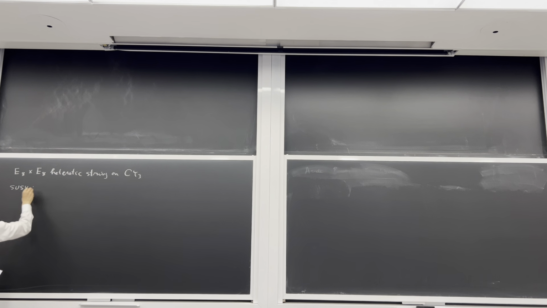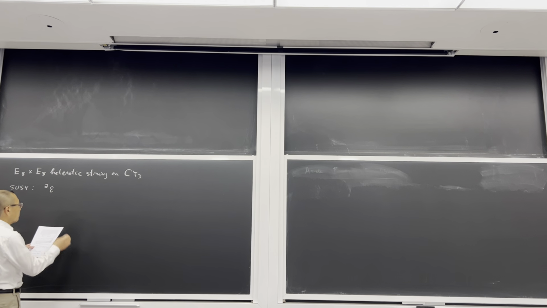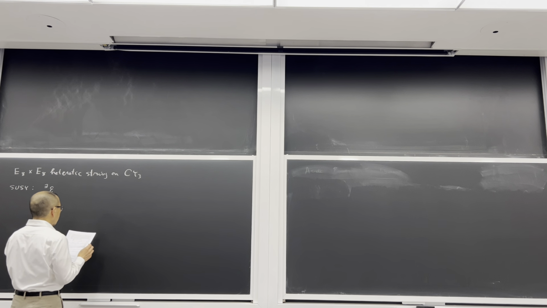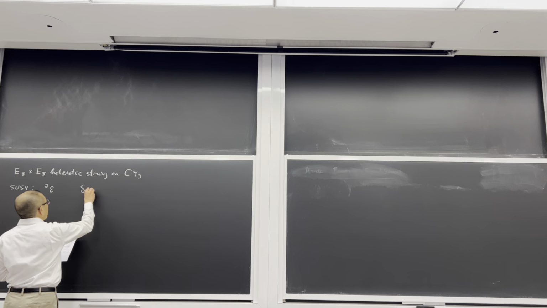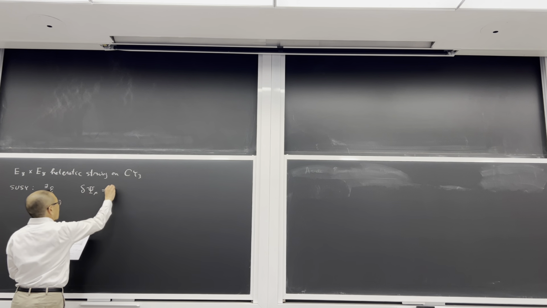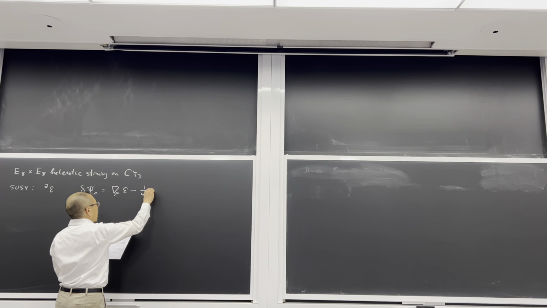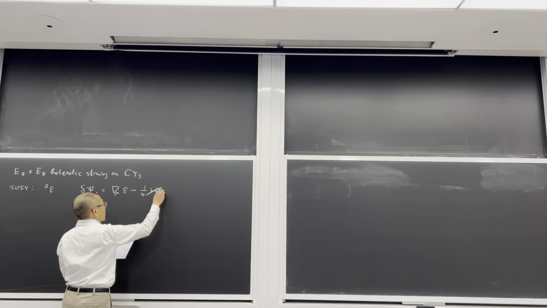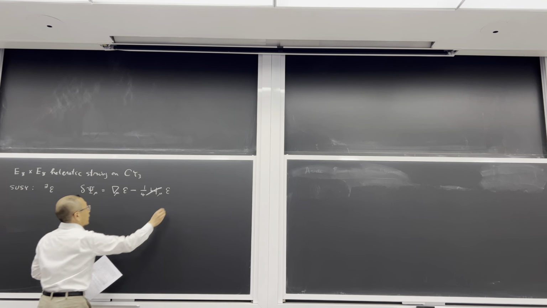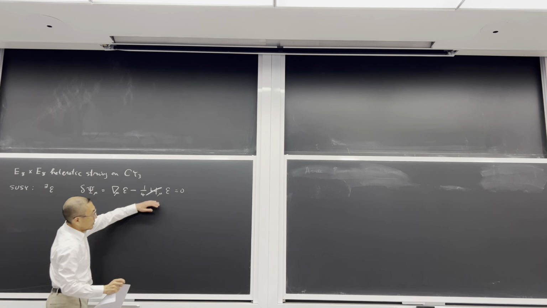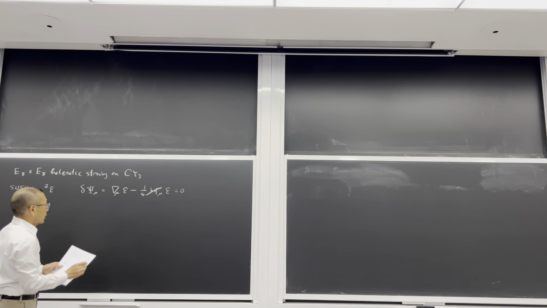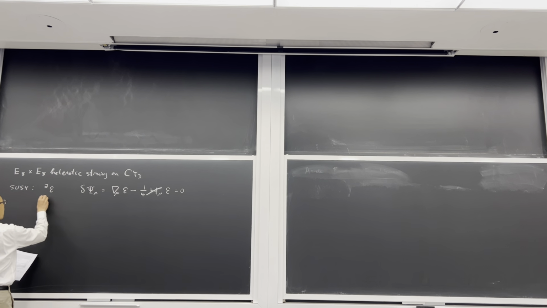So if we require at least the minimum amount of supersymmetry for this compactification, then it requires that there is some covariantly constant spinor. Well, for H non-zero, not exactly covariantly constant, but the condition is that the derivative of epsilon and H contracted with gamma matrices vanishes. So in particular, if H is equal to 0, then epsilon is covariantly constant.